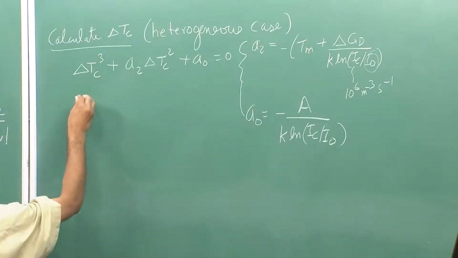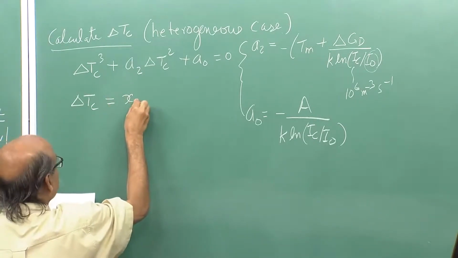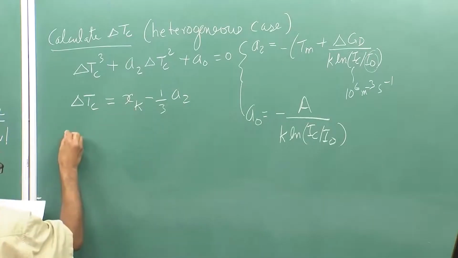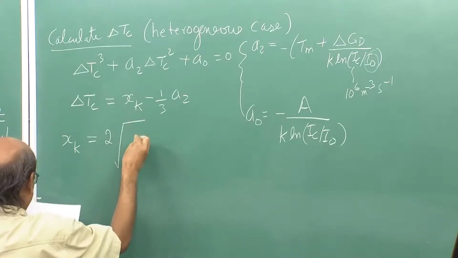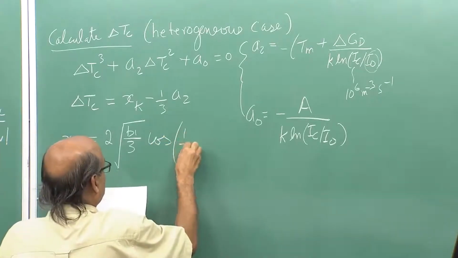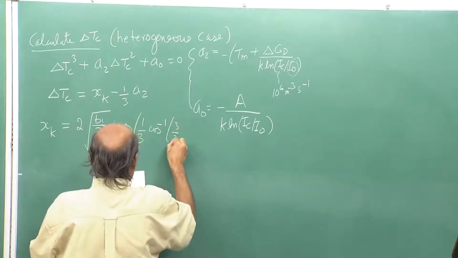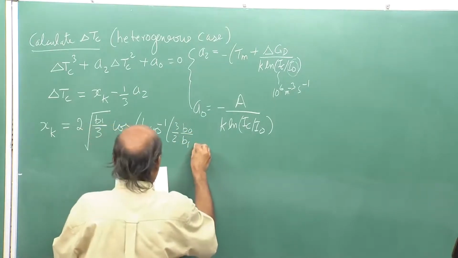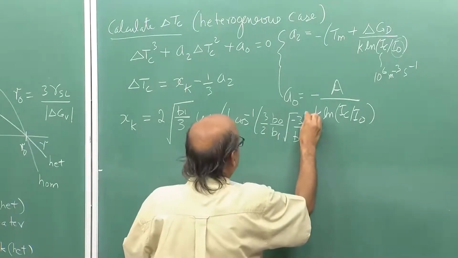Then to solve this, we had said that we can do this substitution, delta Tc is equal to xk minus 1/3 A2, and xk is equal to 2 square root b1 by 3 cos of 1 by 3 cos inverse of 3 by 2 b0 upon b1 square root of 3 upon b1.